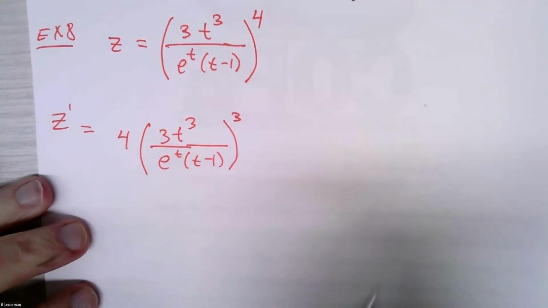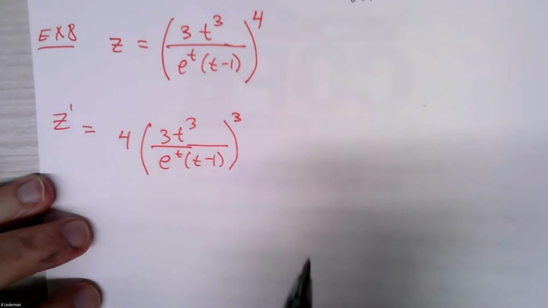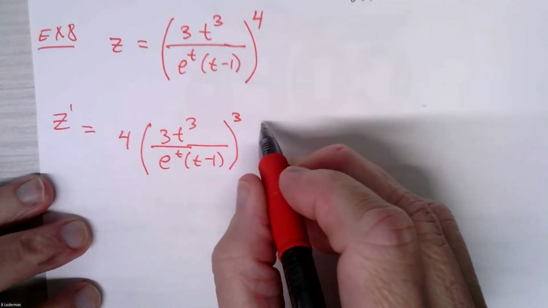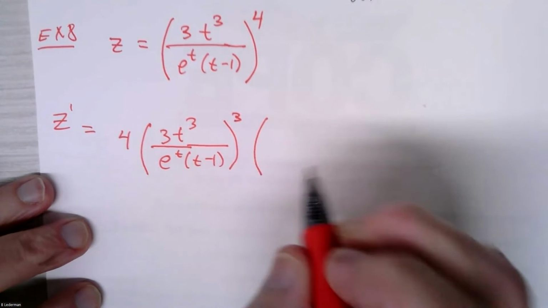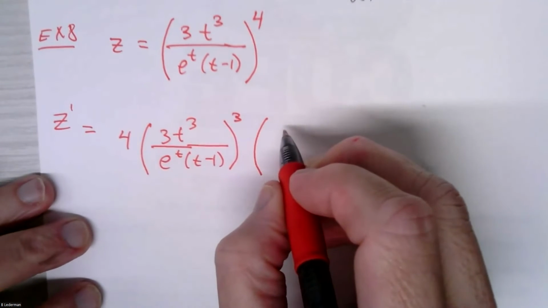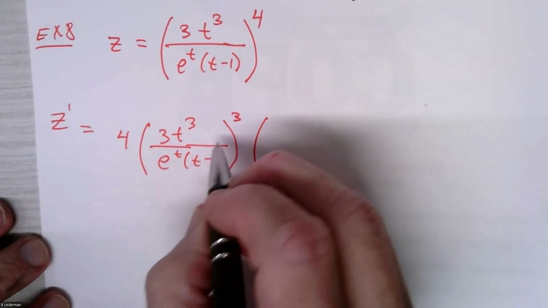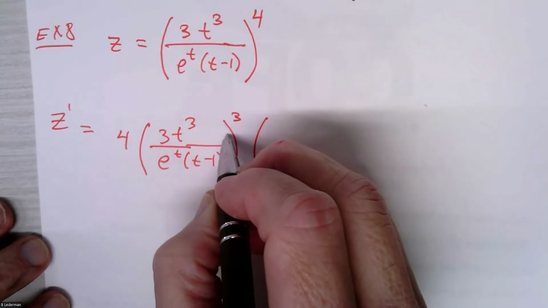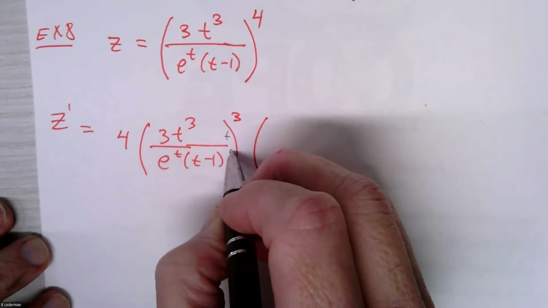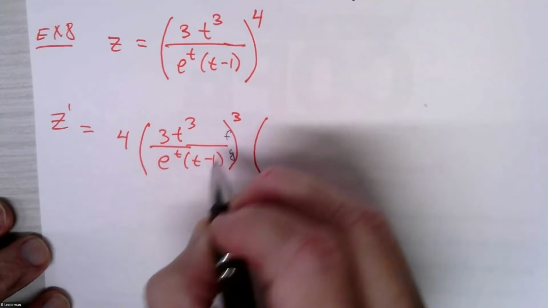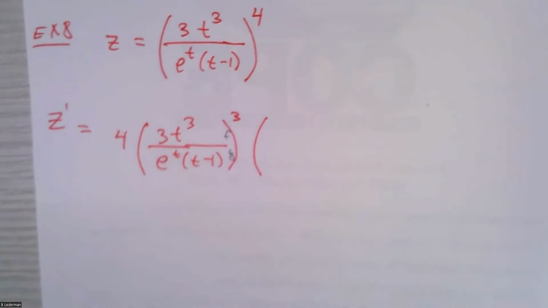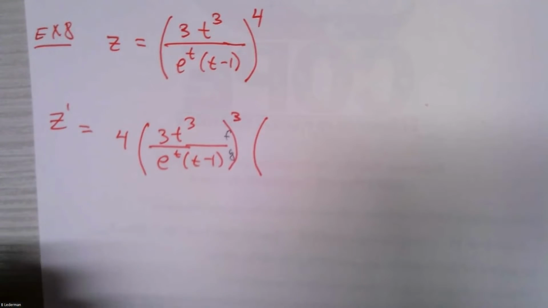So this is going to be the following. I'm just going to call this part my f. I'm going to call that part my g. My g is going to have a product in it. So let's just do this.